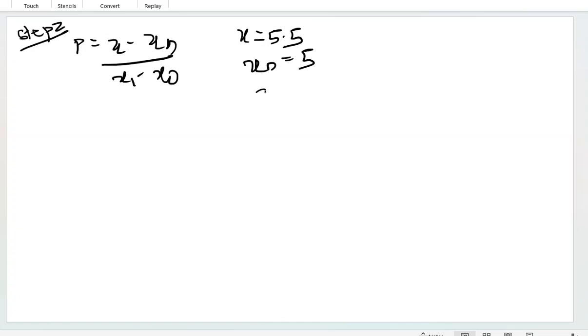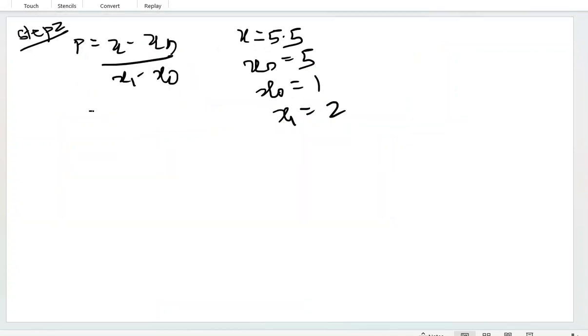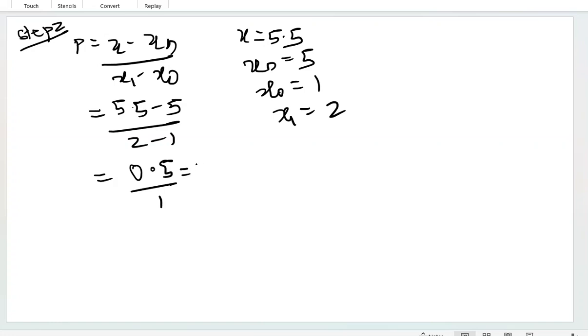Of course, x0 is the first value and x1 is the second value, which in this table are 1 and 2. Now we insert all of them: 5.5 minus 5 upon 2 minus 1, which is 0.5 upon 1, which is 0.5.